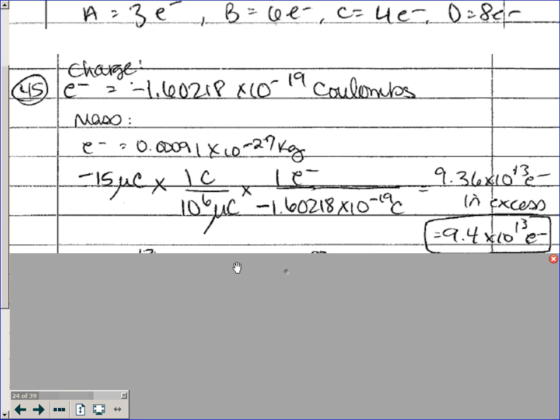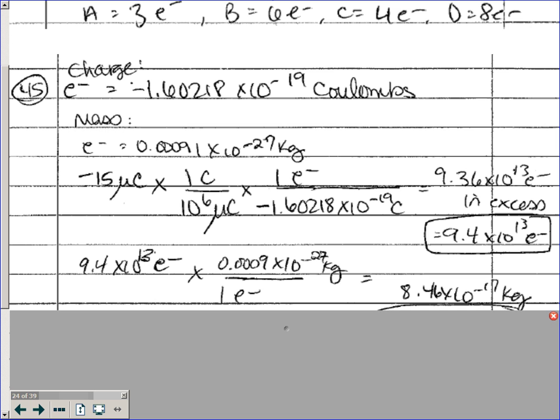So utilizing that as the charge of one electron, you can cancel out everything except for the number of electrons, and you get the excess electrons, which built up that charge, stated as 9.36 times 10 to the 13th electrons. Who got that? Okay, I did see that mostly on some of your papers. Good. So if that's the extra electrons, and this was given as the mass of the electrons in kilograms, this was in the textbook a couple of pages before.